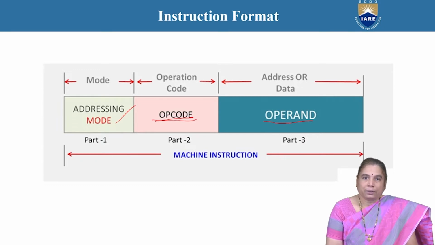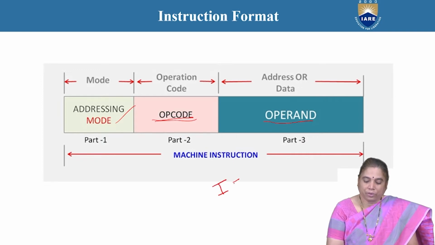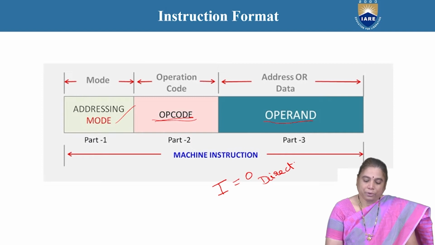The indirect or direct addressing has to be decided with the help of the MSB bit of the instruction format. The MSB bit, the 15th bit of the instruction format, can be denoted with the I value. If I value is 0, then it is a direct addressing mode. If I value is equal to 1, then it is an indirect addressing mode.